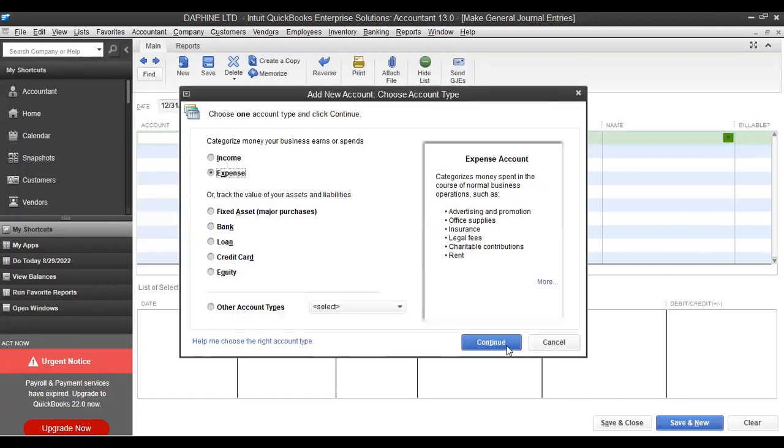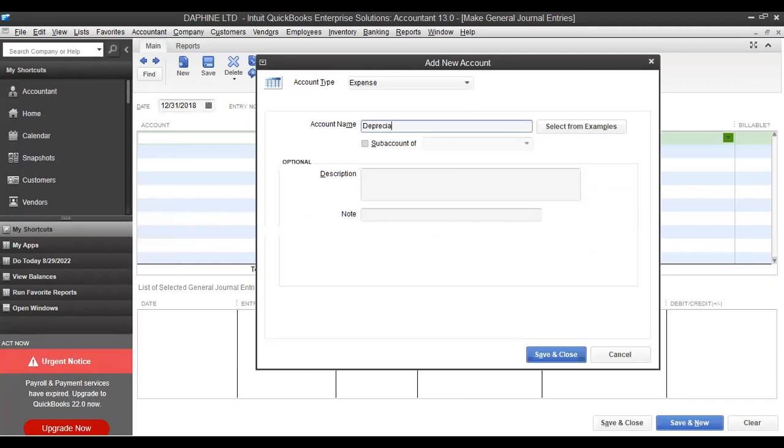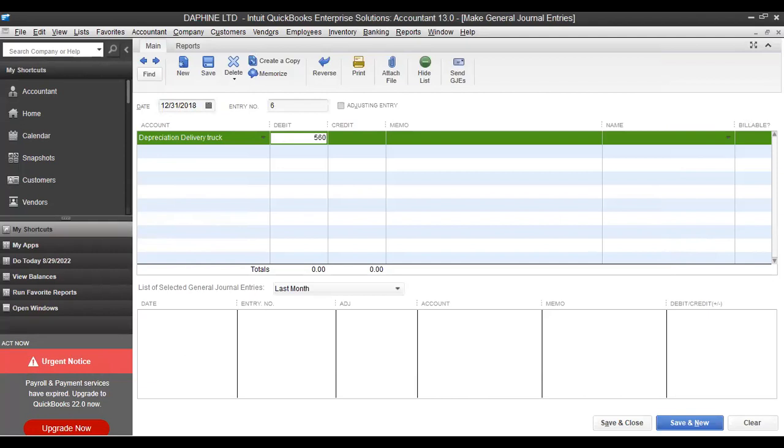There's a difference between depreciation and estimated depreciation. So you have depreciation for delivery truck. Okay, then you save, close. It is 5.6, so put 5.6 million.